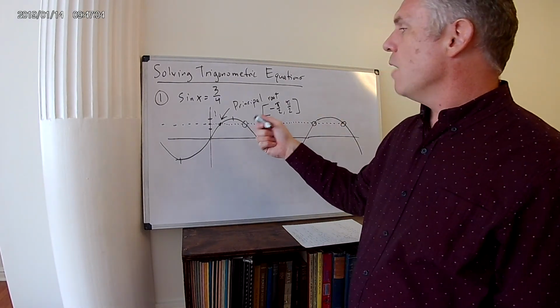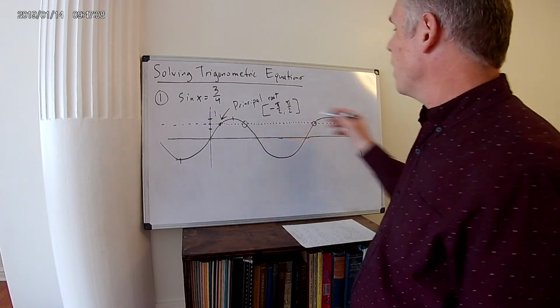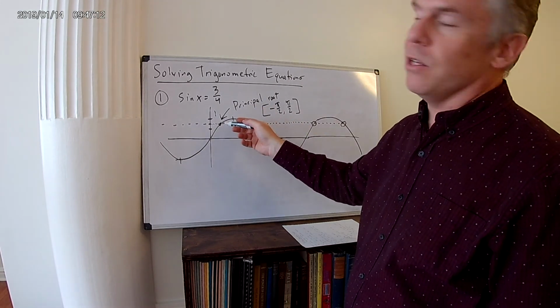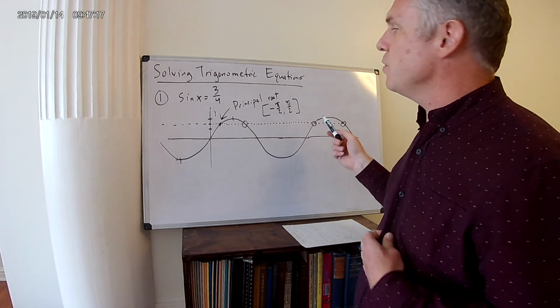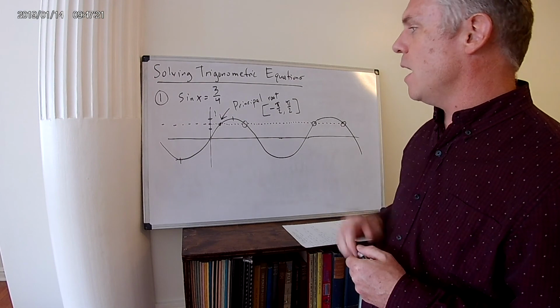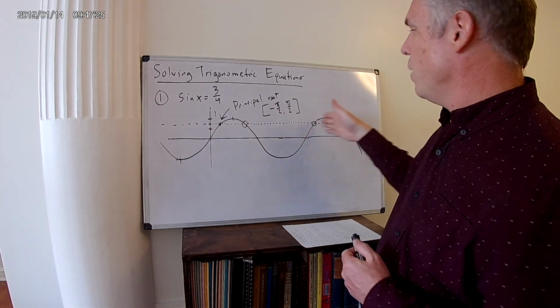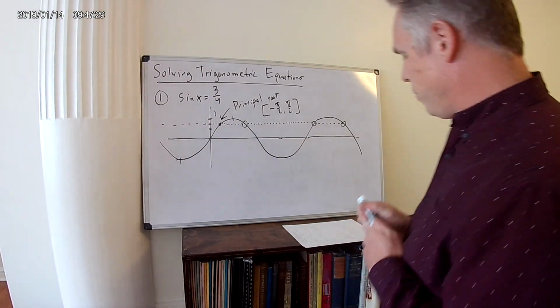We could try to find all of these, but that's a hassle, so we'll mainly be concerned with the principal root. But we can find these other solutions by using the fact that this one is, for instance, pi minus this solution. There are ways to find these quickly, but we're going to concern ourselves with the principal root.